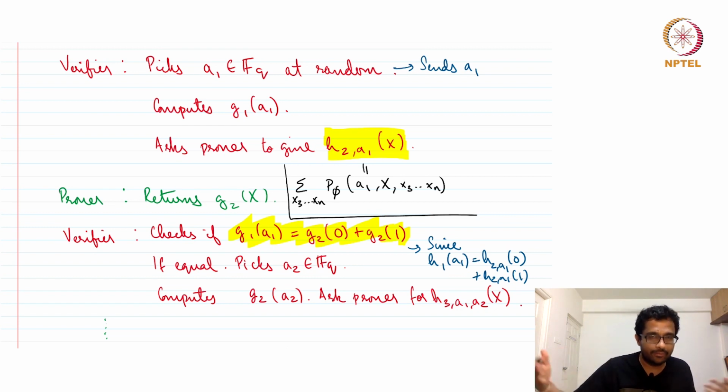So you have to keep lying one after the other, and there's a lot more work going on there. It's the same thing over here. If G1 A1 is not equal to H1 A1, then the prover has to continue lying. So at every stage, the probability of him escaping is very small.